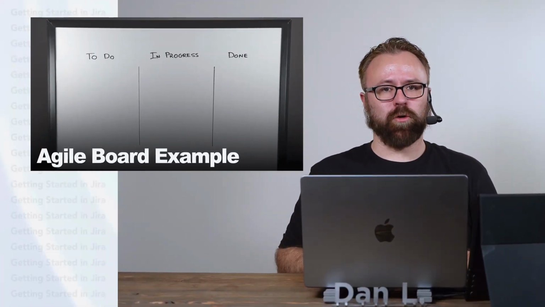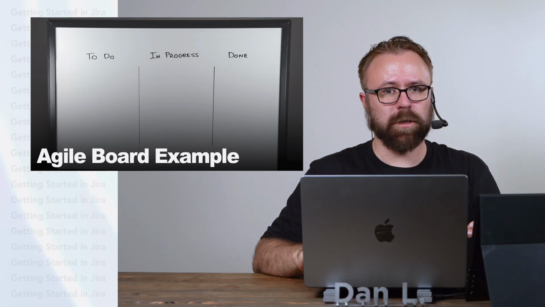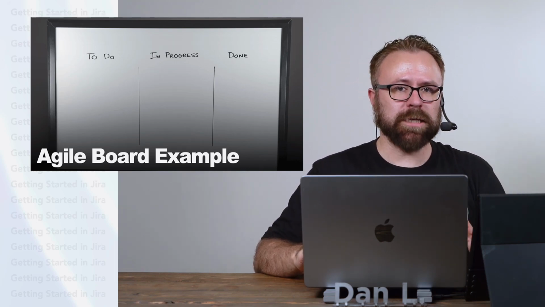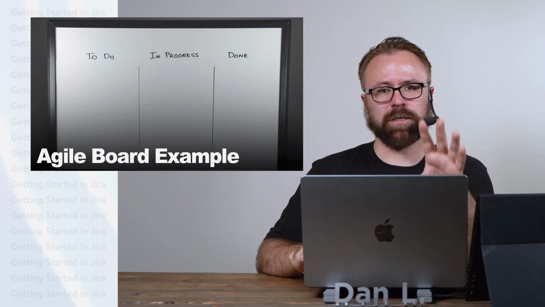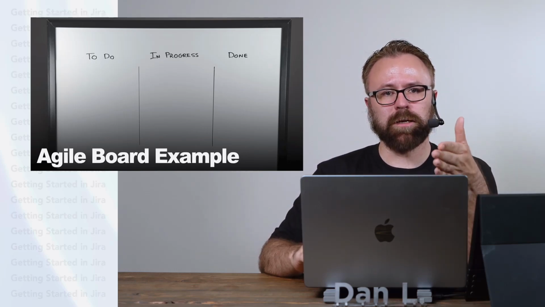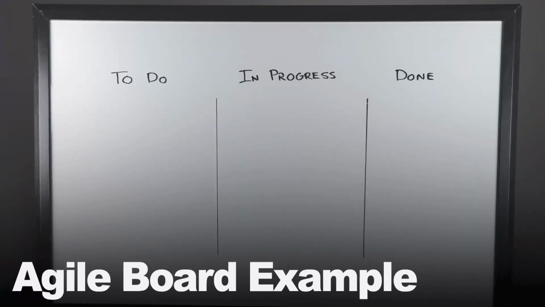On an Agile board, we'll have different columns. In Agile, sometimes they're called lanes, but in Jira, they're called columns. So that's the terminology that I'll use in this course as well. Think of each column like the steps that you need to get a project done. In the simplest of projects, you'll have these three columns: to do, in progress, and done.